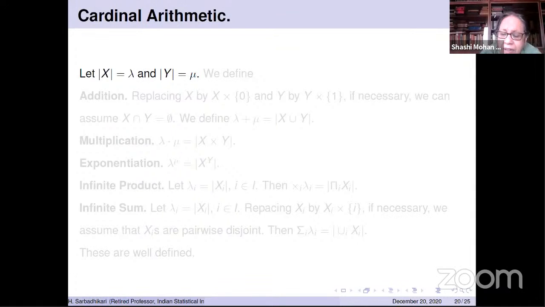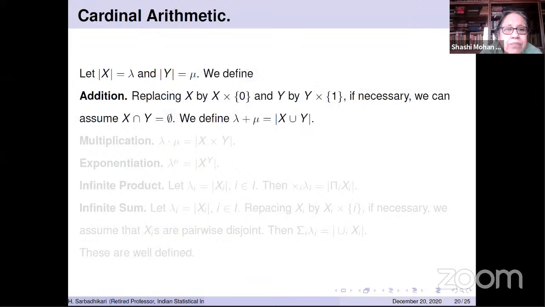Okay. And now take two cardinals, lambda and mu, and let us define what we mean by adding them, multiplying them, raising them to the power, and so on. Well, since we have already done it with sets, it was simple. Now, to add them, you take X with cardinality lambda, Y with cardinality mu, disjoint sets, and then take the union.